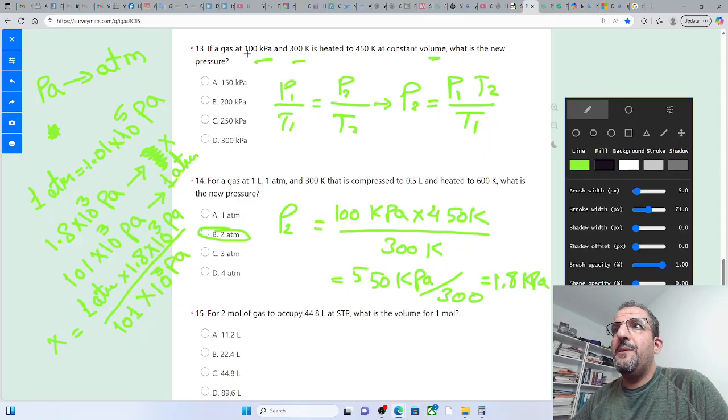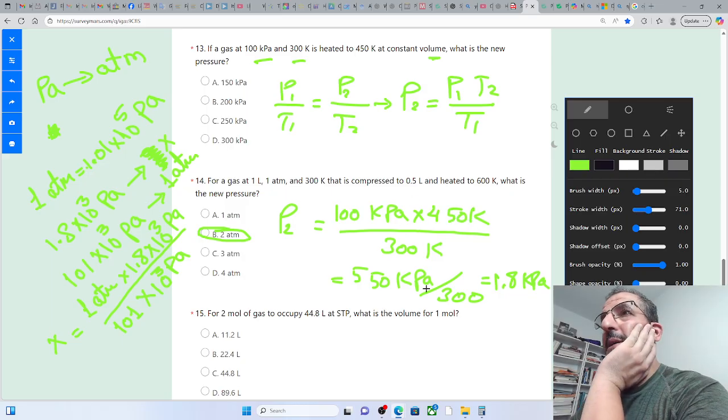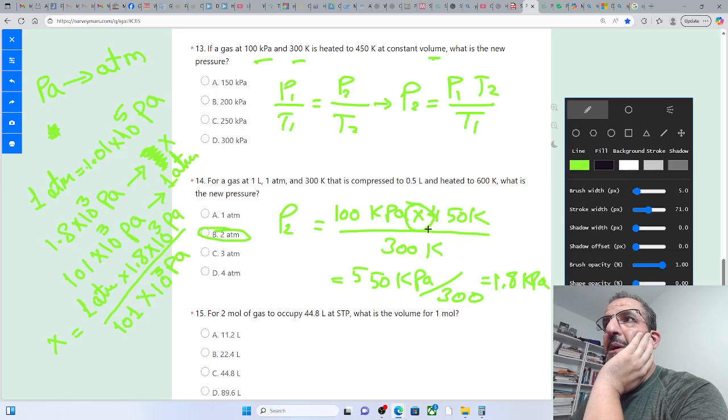So I have here 100 kilopascal and 300 Kelvin, 450 kilopascal. So here is the problem, guys. The problem is here. So that was my mistake. So I think I should have multiplied. So I have here like 450 times 100, and that was my mistake.